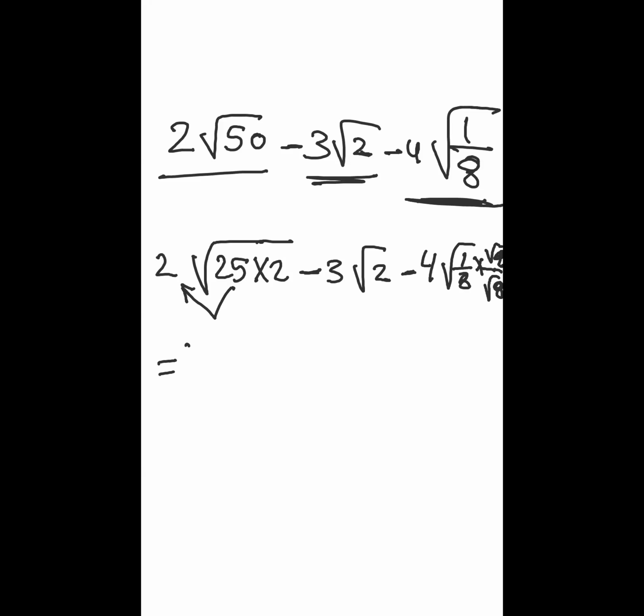So 5 times 2 means 10 square root of 2, minus 3 square root of 2, minus 4 times square root of 8 over square root of 8 times square root of 8, which means 8. Okay? So I can simplify this one.